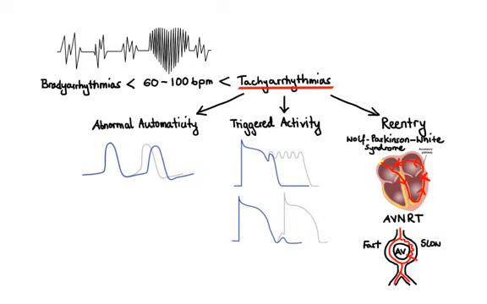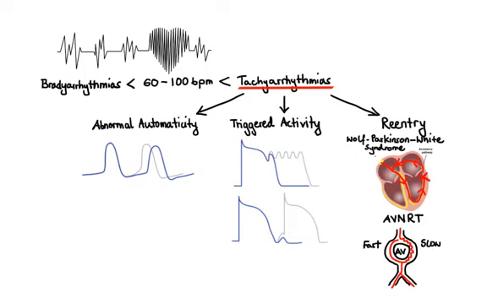Now, if a premature beat occurs at the time when the fast pathway signal is still in the refractory period, the signal will travel down the slow pathway. As the slow signal approaches the common pathway, the fast pathway comes out of refractory period. So now the slow signal spreads to the ventricles and it also travels up the fast pathway.